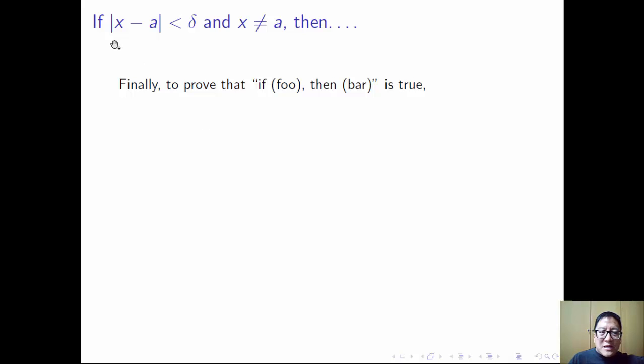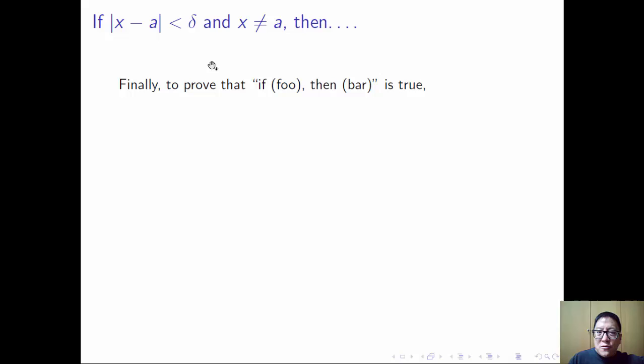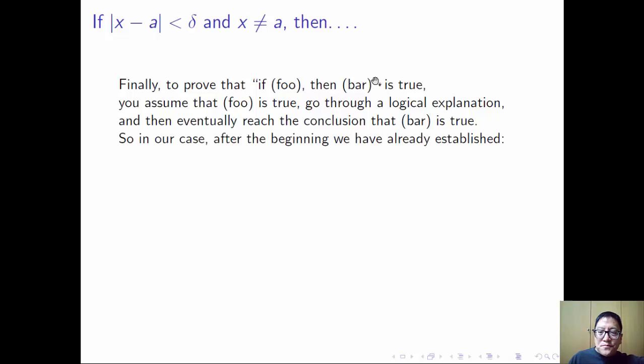The last bit, the purple and blue lines, here they are, say in the form of an if-then statement. To prove that if foo then bar is true, the way you do that is you assume that foo is true, and you go through some logical explanation, and hopefully then arrive at the conclusion that bar is true.